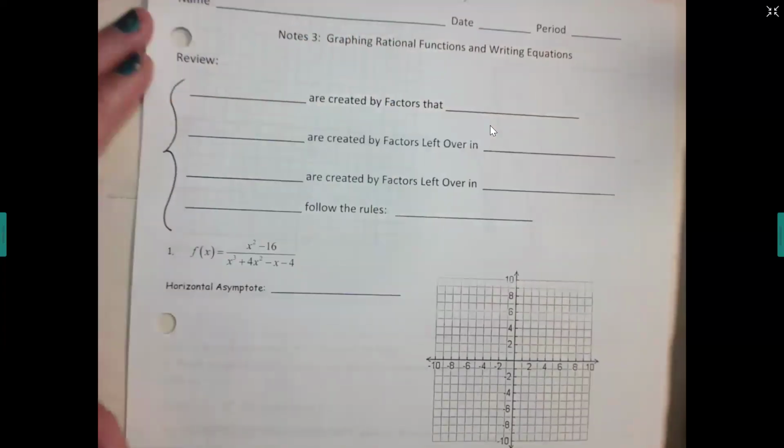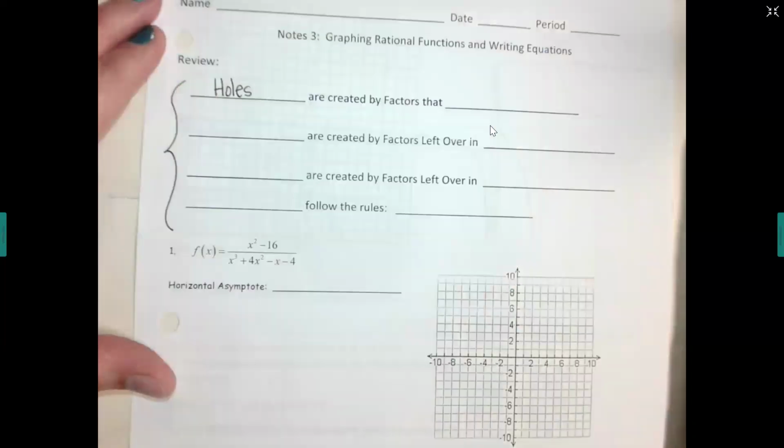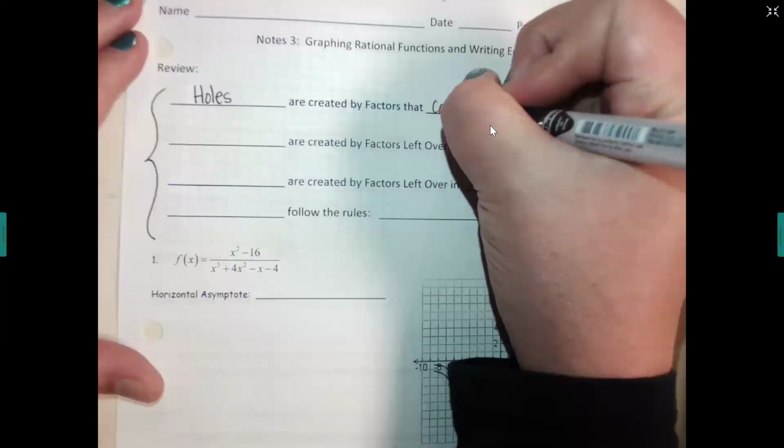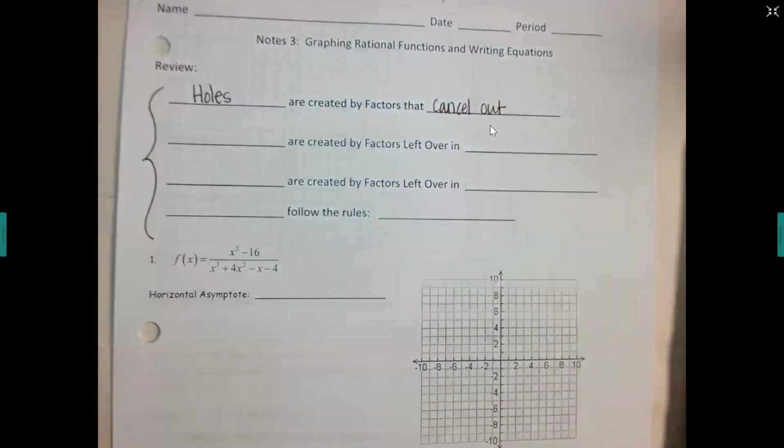Okay, let's remind ourselves what we learned last week. You learned how to find holes in the graph. And remember that holes in the graph are going to come from terms that cancel out. If they're going to cancel out, they have to be on top and on bottom so that you can slash them out.